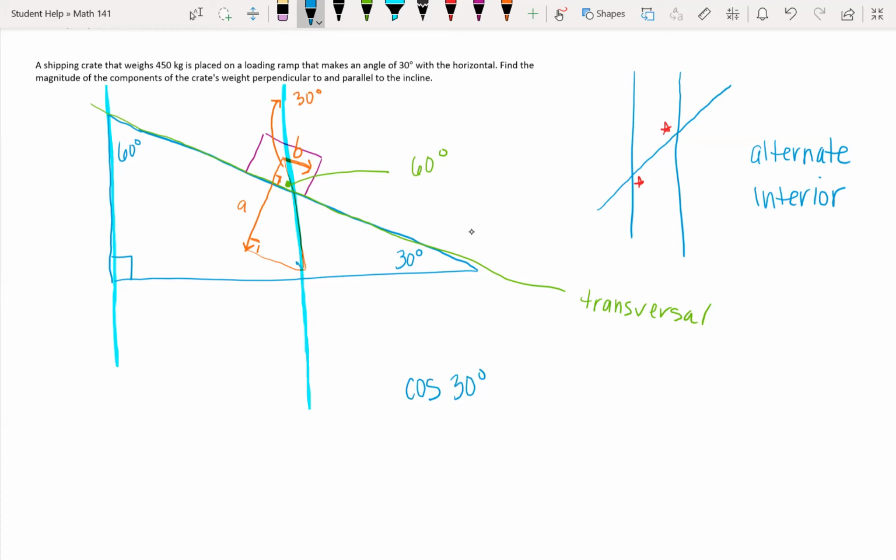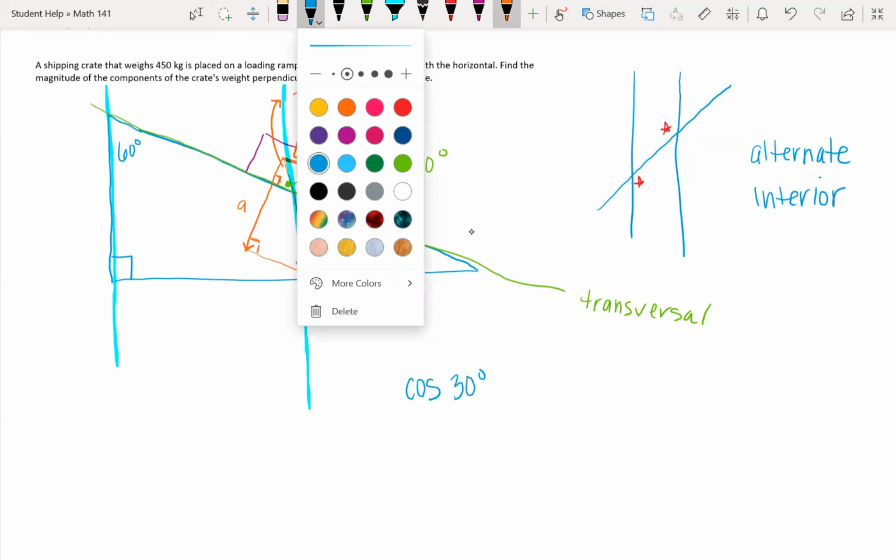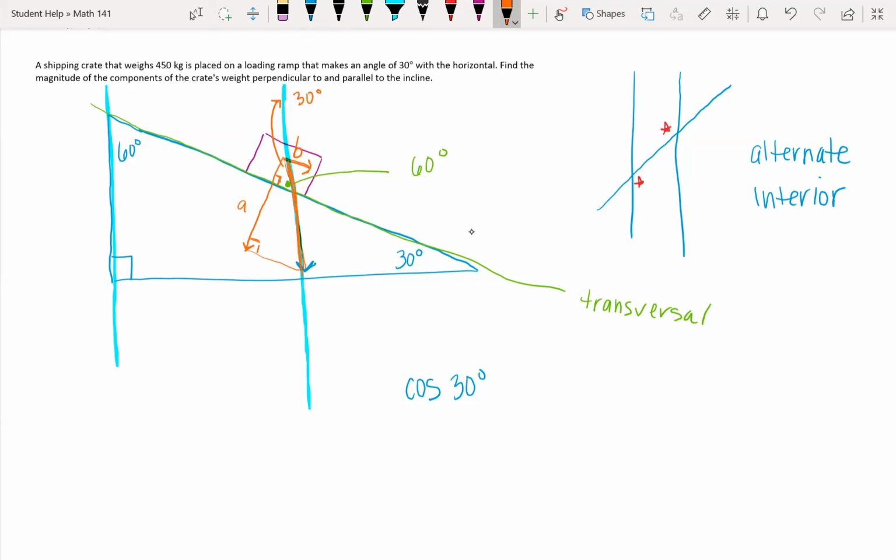Oh yeah, that's the force that's being acted. I didn't write that. This is the force because it's coming straight into the ground. This is 450, the force or the weight of the crate. So the cosine is the adjacent side, A, over the hypotenuse, 450. There we go. Adjacent A over the hypotenuse, 450.